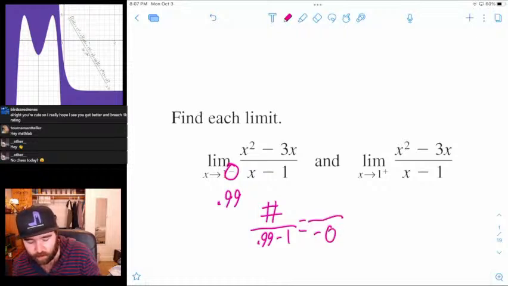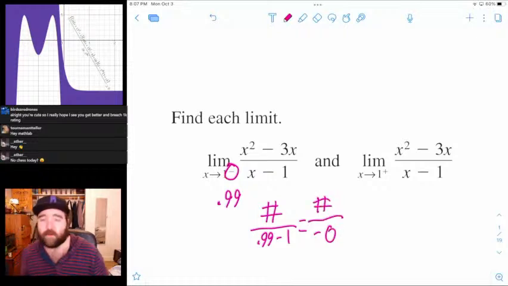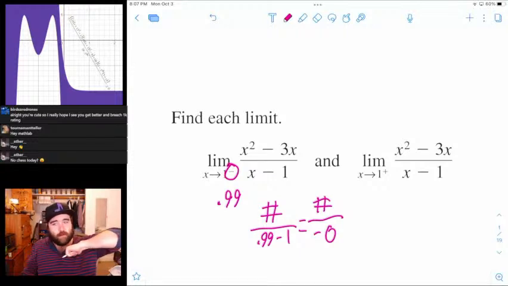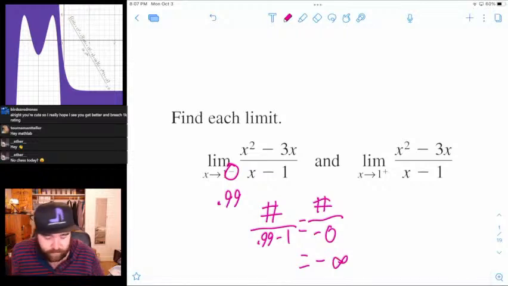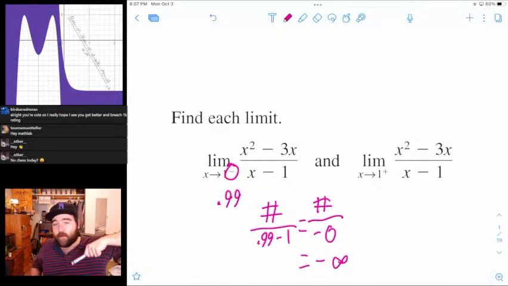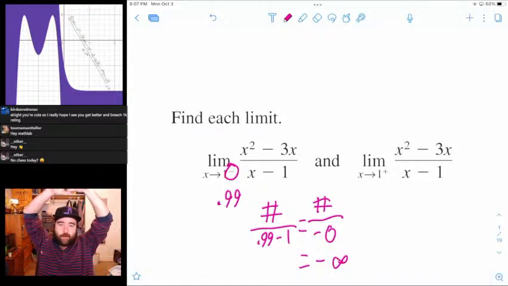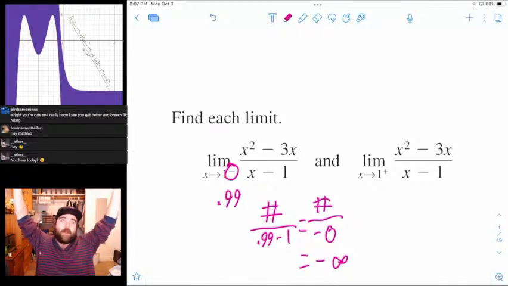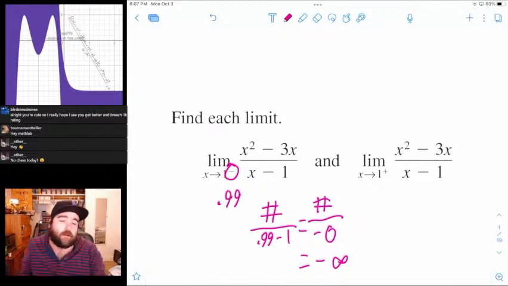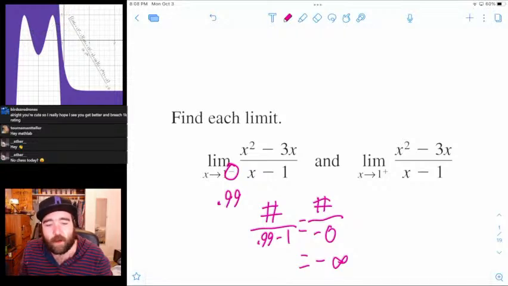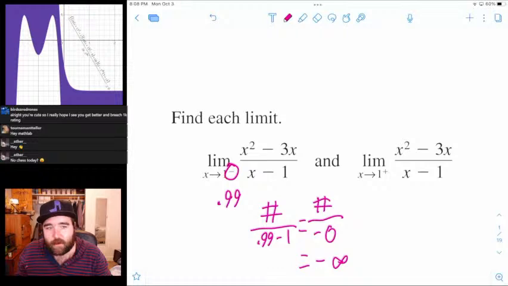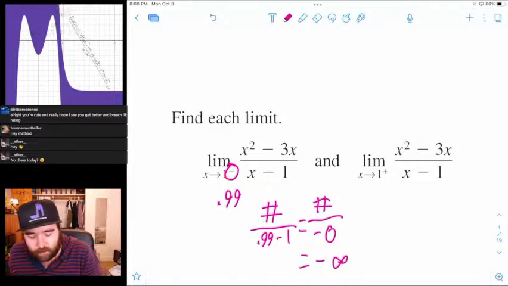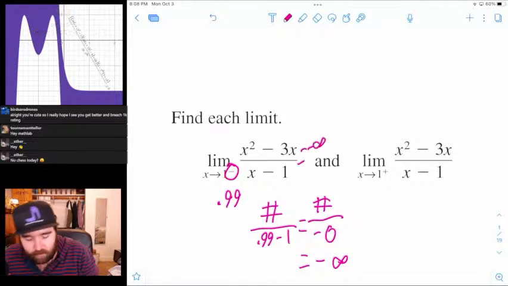So we're doing a number divided by a negative, really small number. So that should be negative infinity. Because remember, a number divided by a small number is always going to be infinity. So if it's a number divided by a negative small number, that's negative infinity. So that's the answer to this one. This is going to be negative infinity.